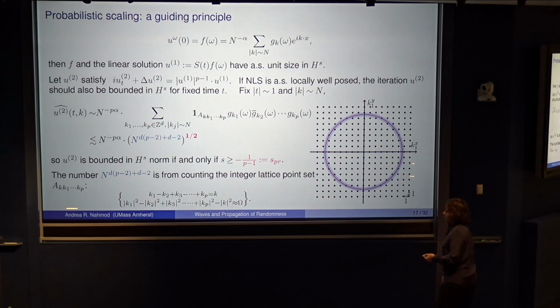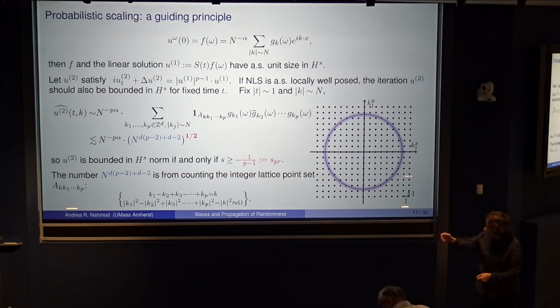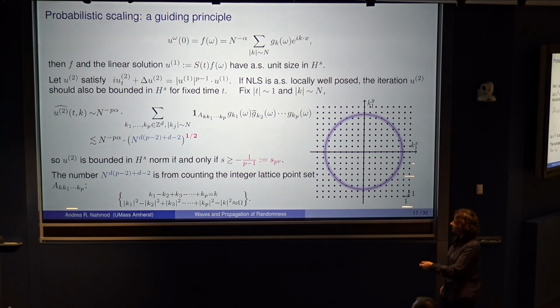And so you have K1 through Kp. If K is fixed and omega is fixed, then if I count K1 through Kp minus 1, Kp is determined. So suppose that K1 is the largest frequency, so you count K2 through Kp minus 1 to the dimension. That gives you this n to the dp minus 2 that is here.